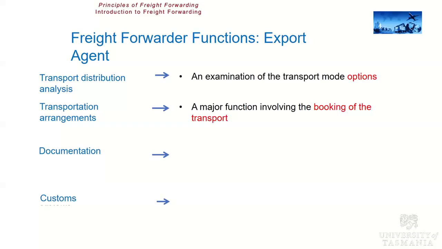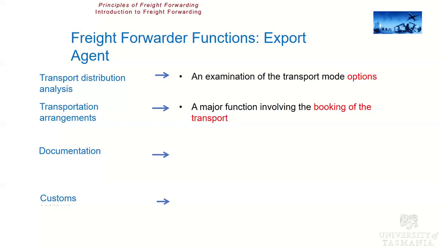Now, historically, if you ask somebody, what does a freight forwarder do? A lot of people would say, oh, well, they make transportation arrangements. That's their job. But it's evolved, as we've seen through changes in globalisation.